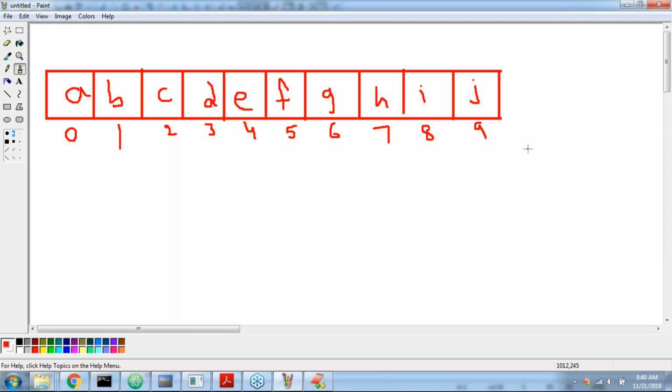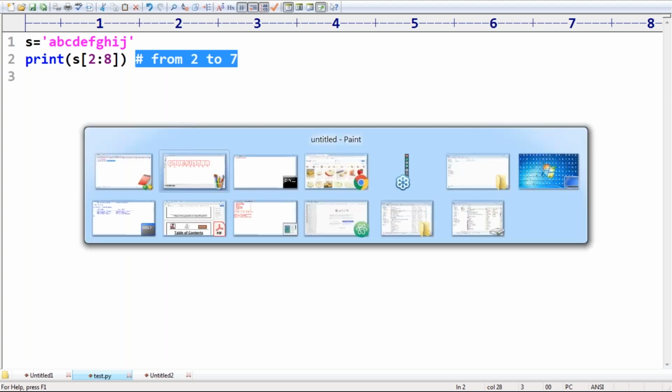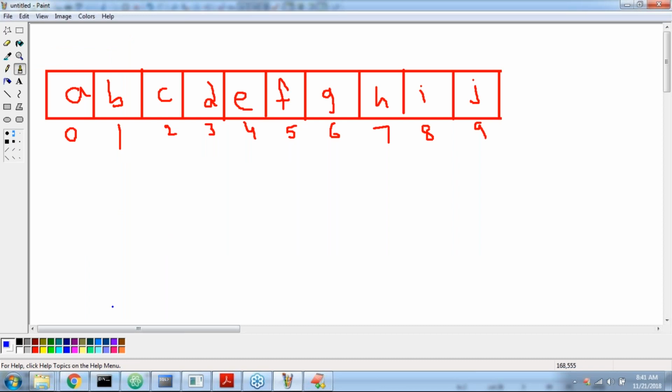Now if I take 2 to 8, can you please tell what is the meaning of that? From 2 to 7, correct, right? From 2 to 7, it's always going to return some string.